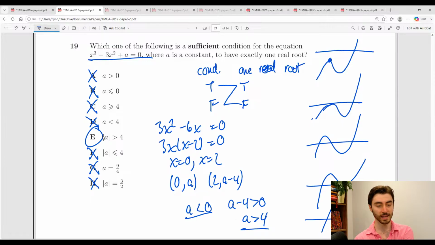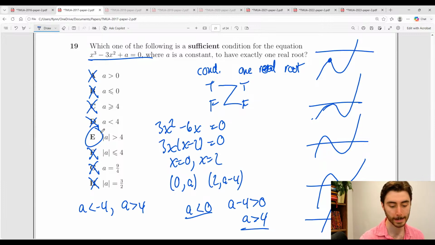So the answer is E, because what that means is that a is less than minus 4 or a is bigger than 4, both of which are included in what we need. So that is the sufficient. If this is true, that arrives at one real root. There are other ways of getting one real root, which is anything included between minus 4 and 0, but that is the sufficiency. Okay.